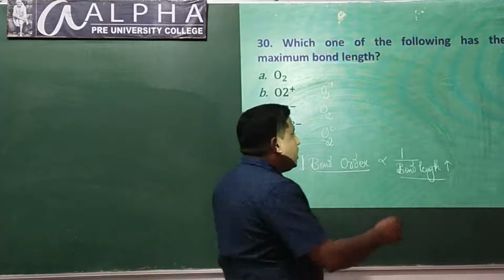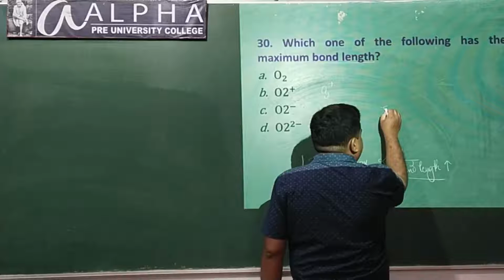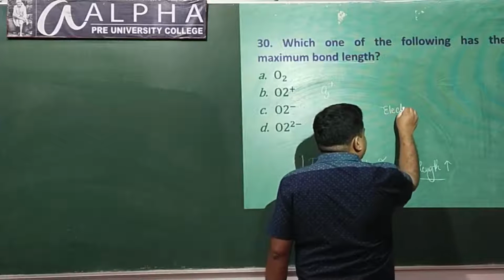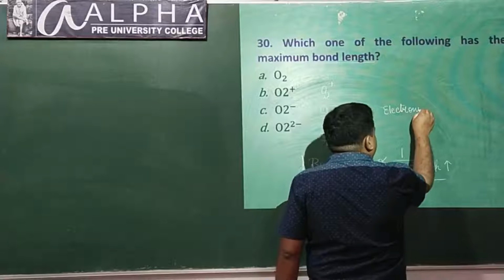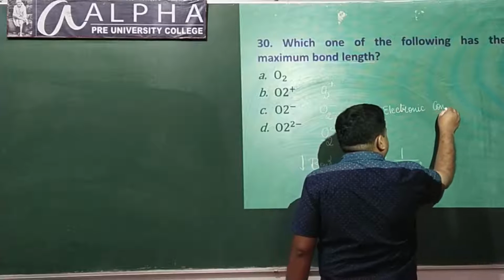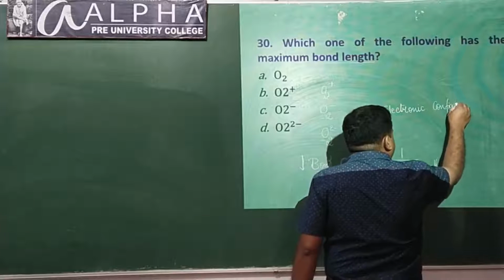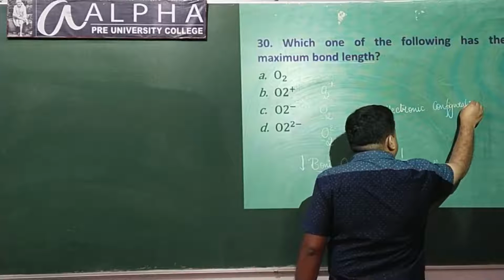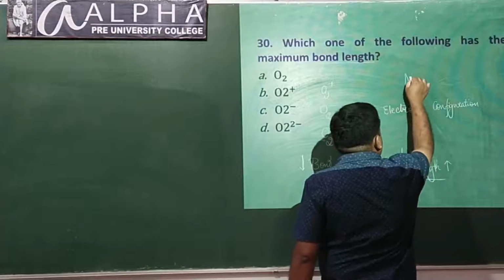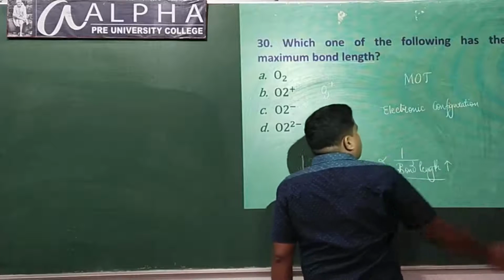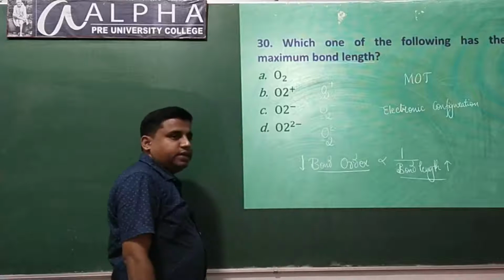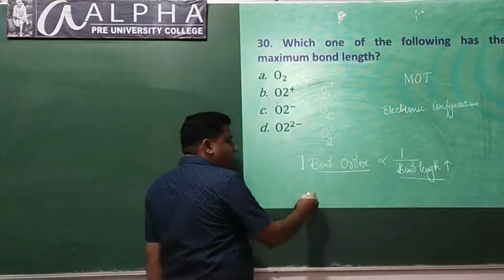For that we have to use the electronic configuration given by molecular orbital theory, as we have studied. What is the formula for bond order?